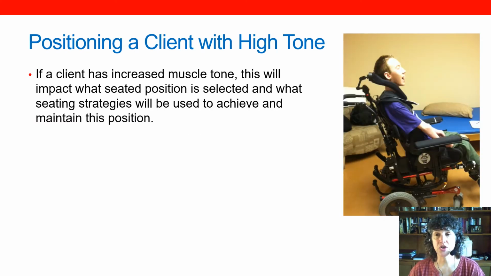Now, when we're positioning a client with increased muscle tone, that tone is going to impact the seated position. And once we select the ideal position in an effort to manage that tone as much as we can, we need to choose seating components that can help us to achieve and sustain that position.